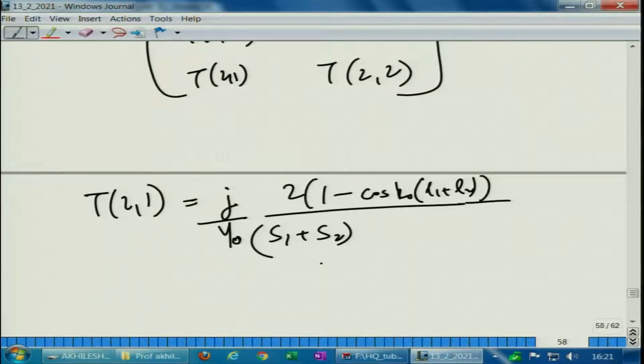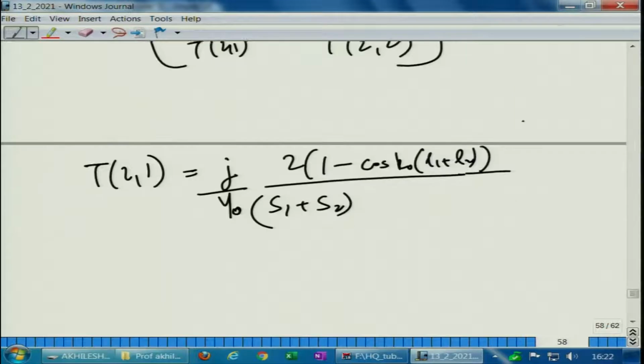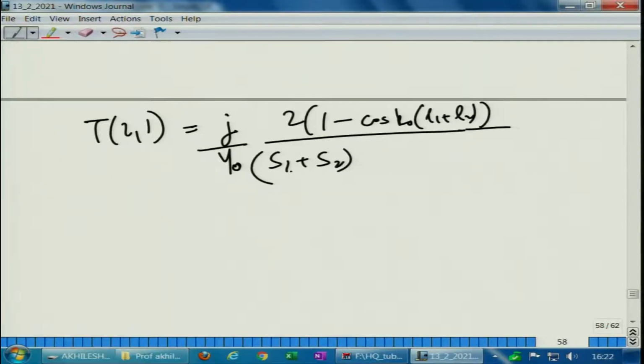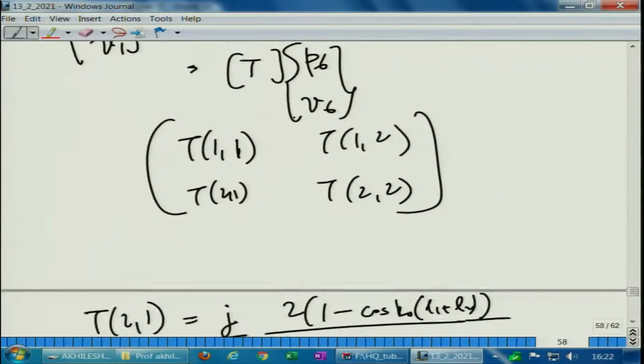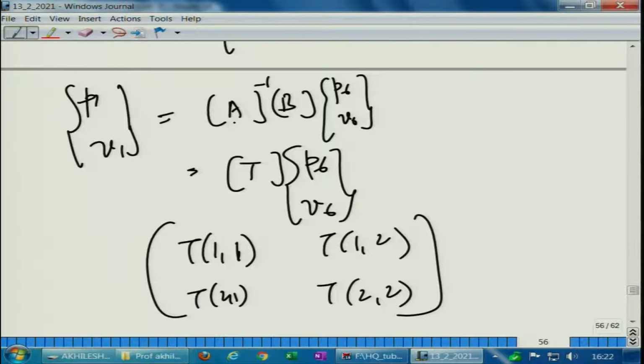Okay. So, what we can do is quickly go to MATLAB and figure out things, but before that, an important thing to mention here is that you have S1 and S2 in the denominator. Okay. And so, what does it mean? It means that you have related upstream variables to downstream variables.